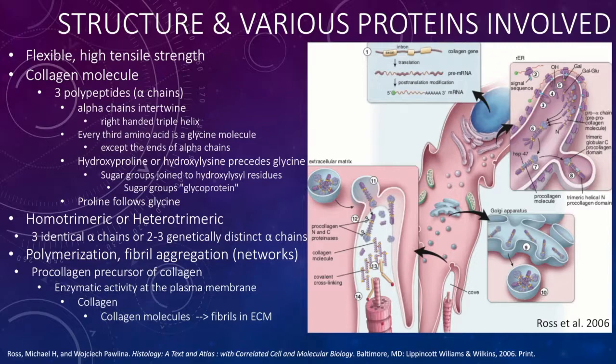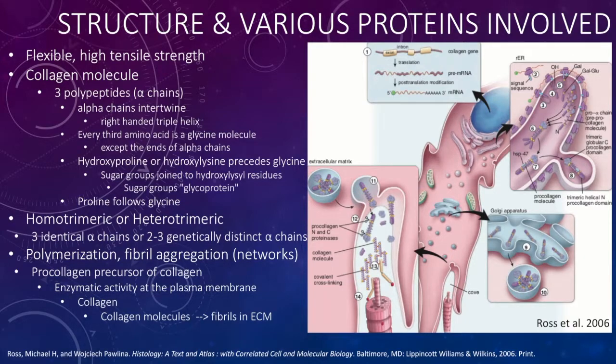Either a hydroxyproline or hydroxylysine usually precedes each glycine in the chain, and a proline frequently follows each glycine in the chain. Along with proline and hydroxyproline, the amino acid glycine is essential for the triple helix conformation.